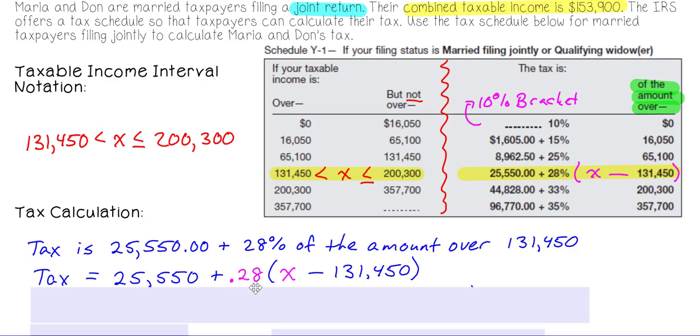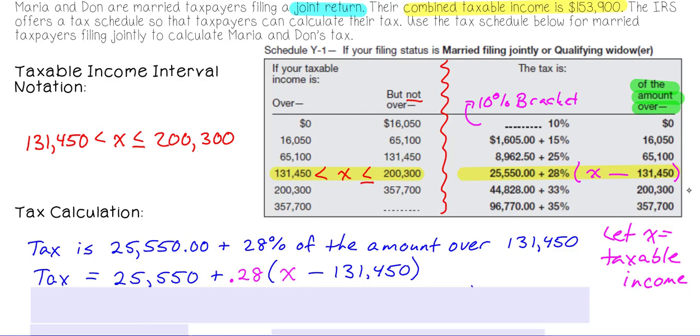Remember to write that in decimal notation, parentheses X minus 131,450. We're letting X equal the taxable income, so this is their combined income.